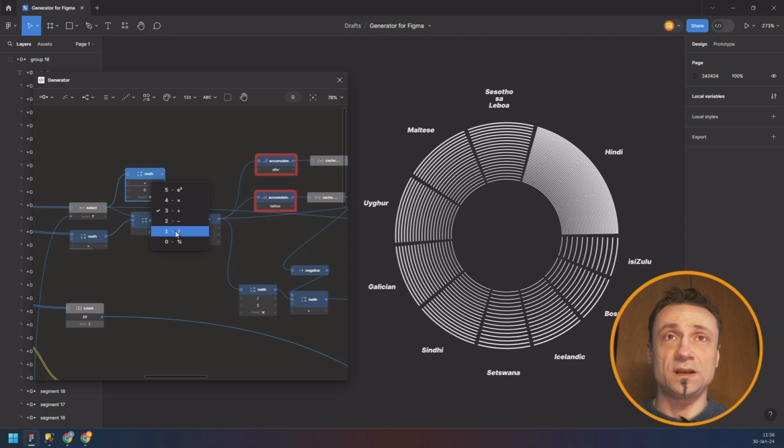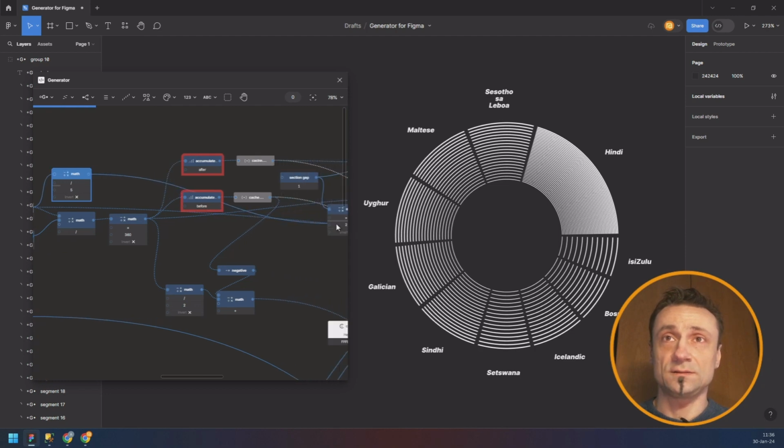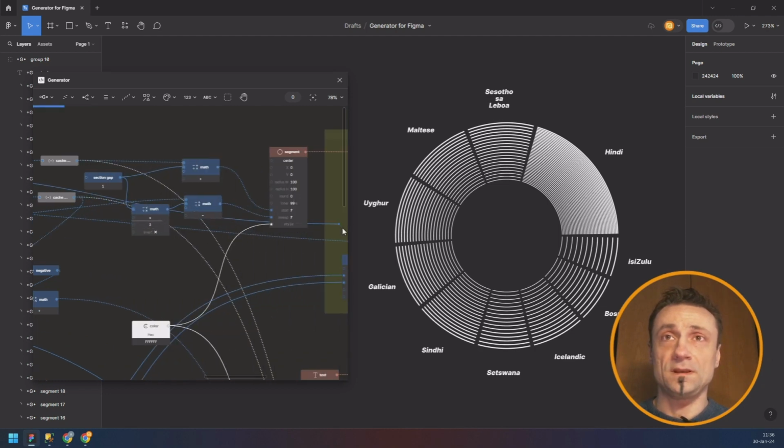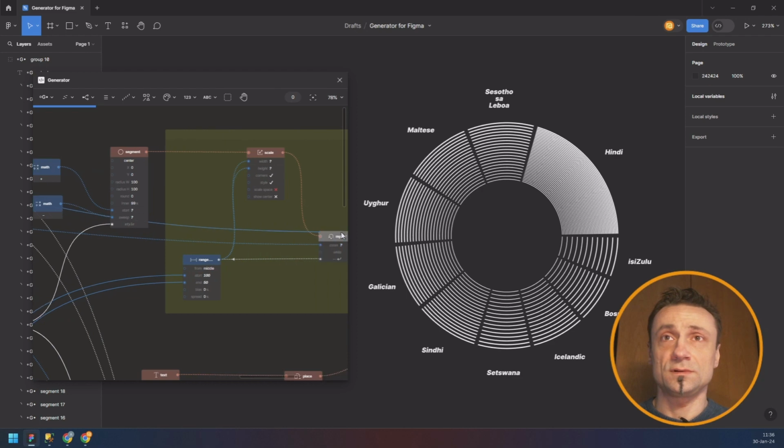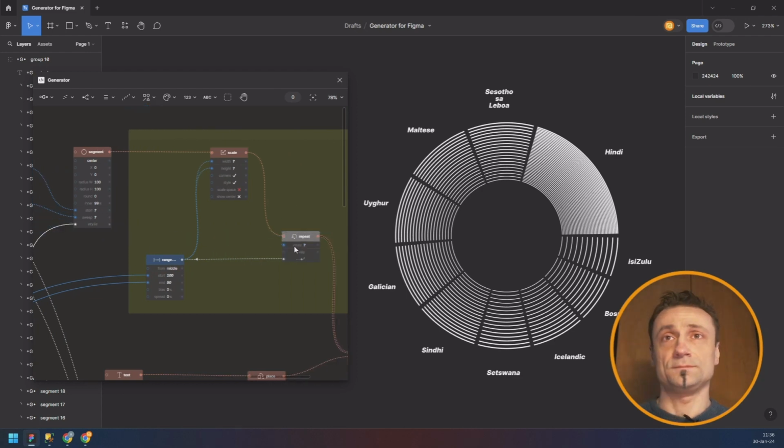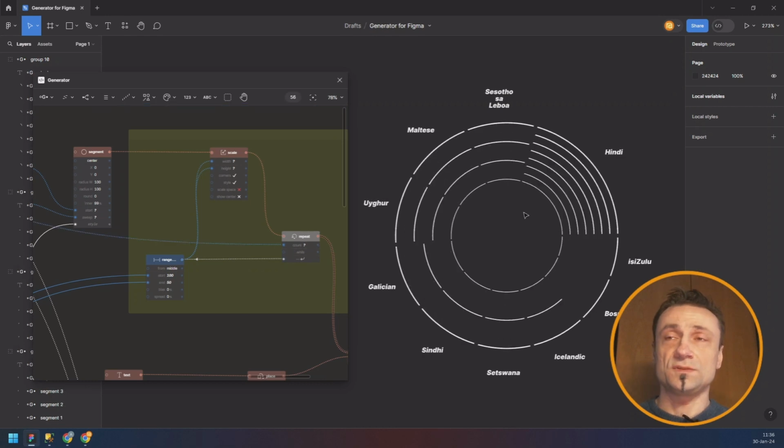Divide this by, let's say, 5, and then run the result of that into the repeat count. There we go. So this is now a reduced set of segments that we need to get looking correct, and then when we increase it back, we will know that it's correct as well.